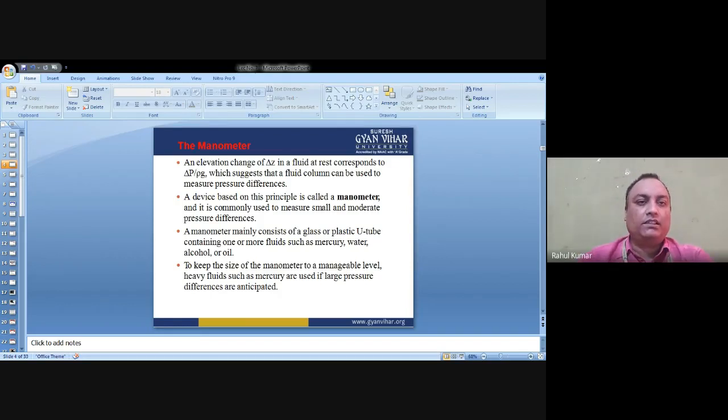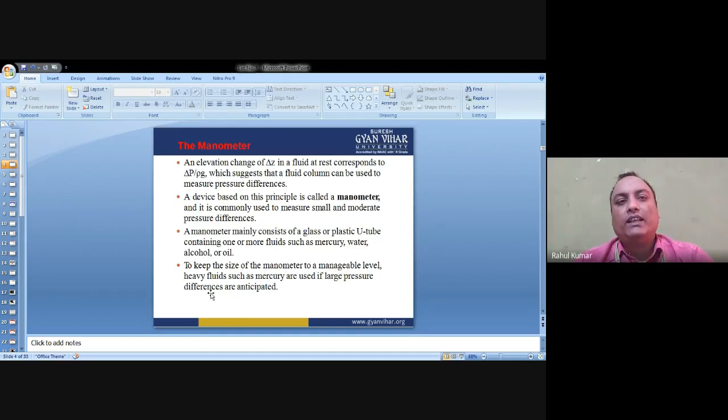And atmospheric pressure is the pressure of the surroundings. For the measurement of pressure, manometers are used, which use the elevation change of delta Z in a fluid at rest corresponding to delta P divided by rho g.